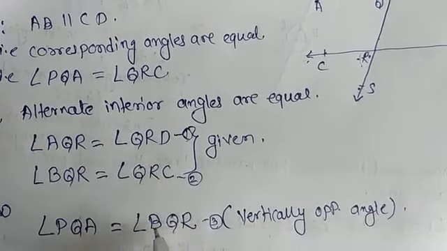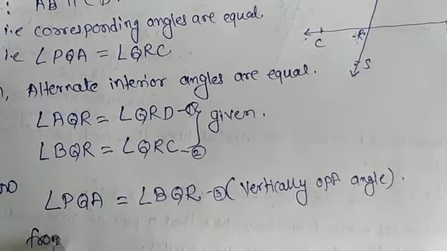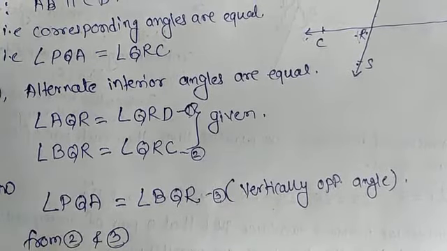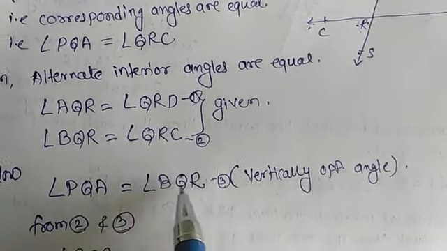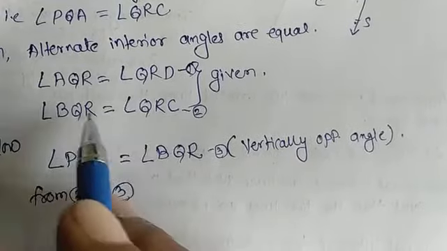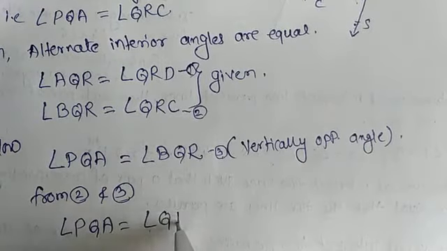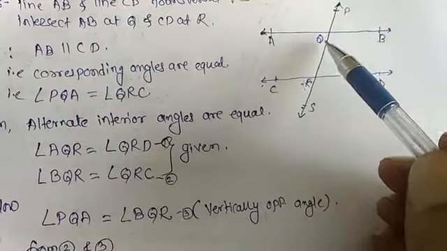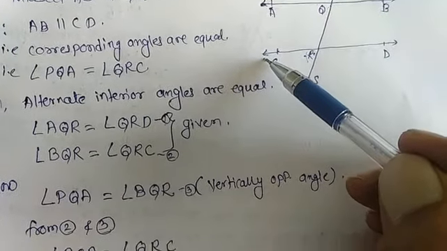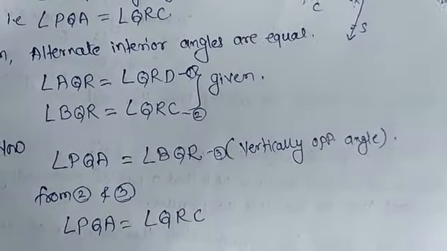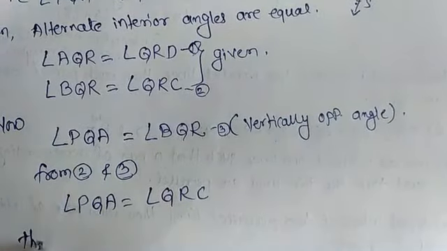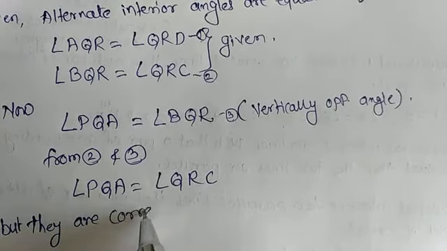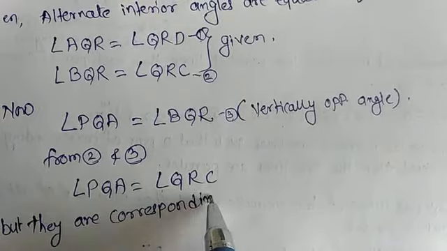So from 2 and 3, angle PQA is equal to angle BQR, and BQR is equal to angle QRC. That means we have proved that angle PQA is equal to angle QRC, which are corresponding angles.